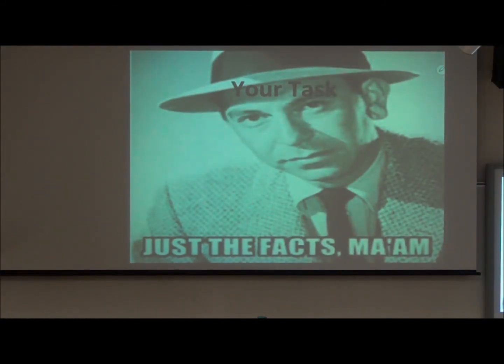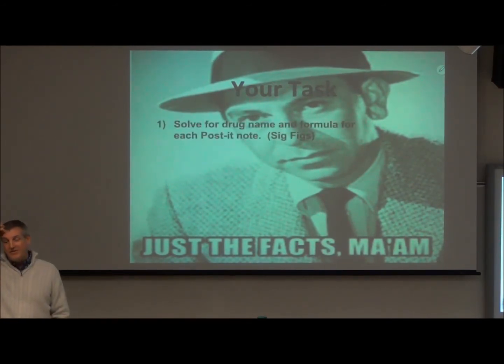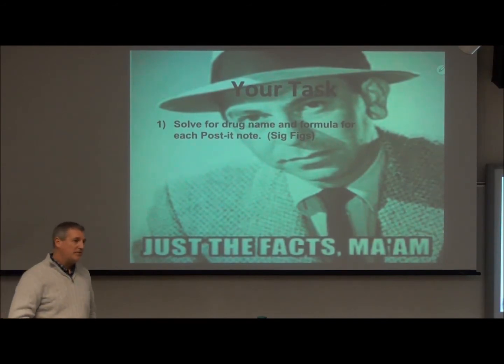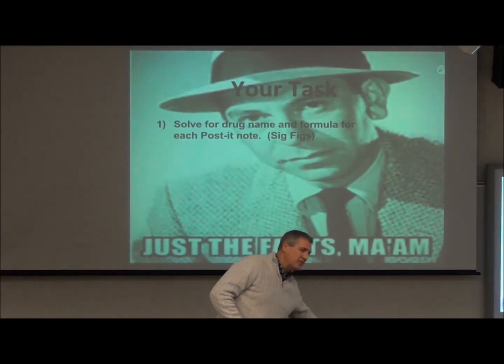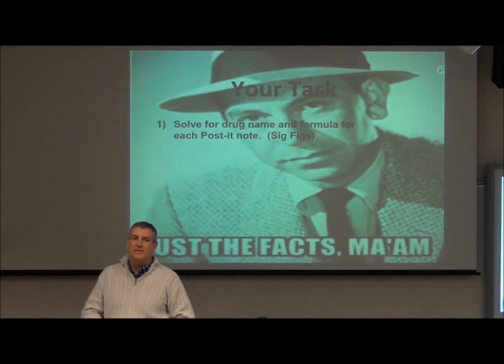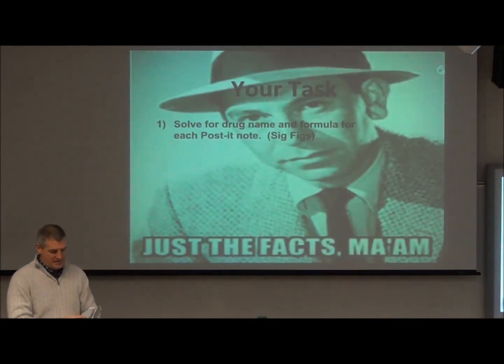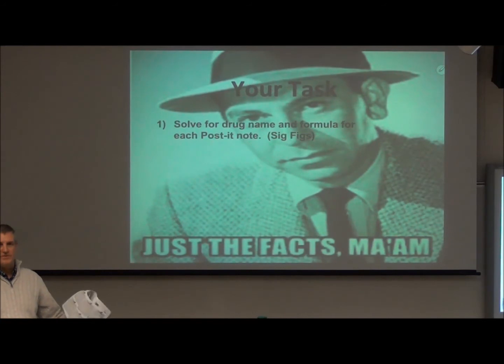Your task, I'm sure you all recognize Joe Friday from Dragnet. Here he is. Your task is to solve for the formula and name of each of the drugs identified on the posting notice.